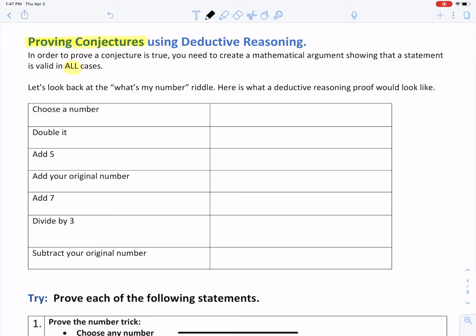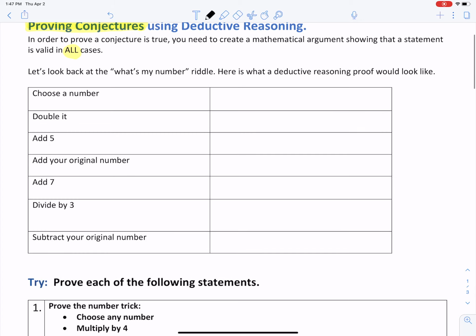So what this means is that when you're trying to use deductive reasoning, you cannot use numbers to show a proof. You need to use variables. Way back earlier on, it was the what's my number riddle in an earlier lesson. We chose a number, so let's say 3. We doubled it, 6. We add 5, 11. I can show the work here.